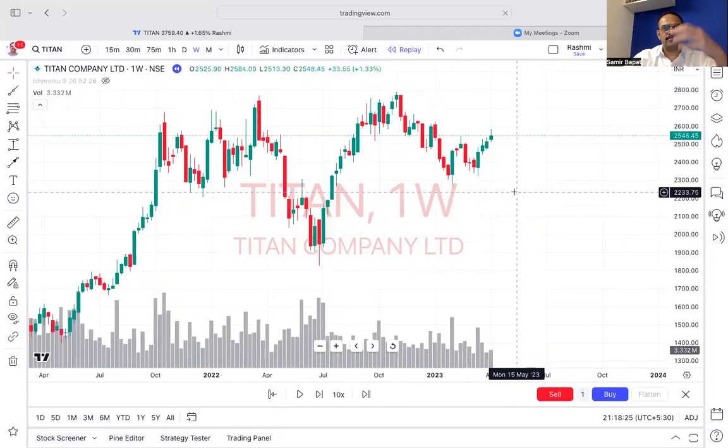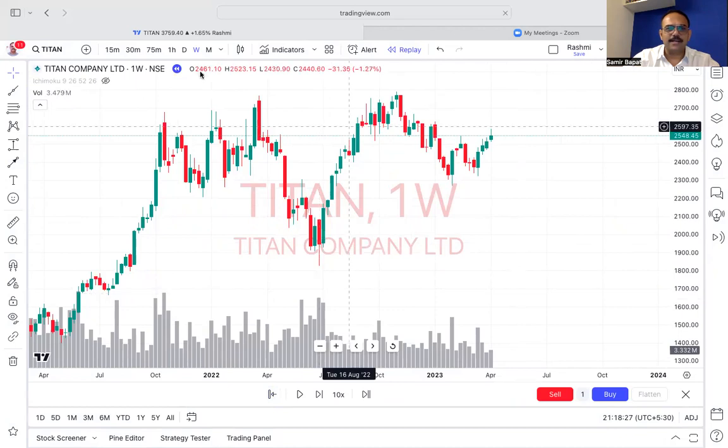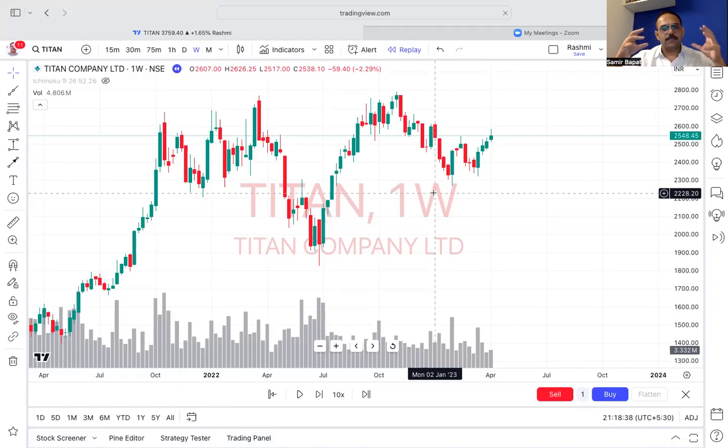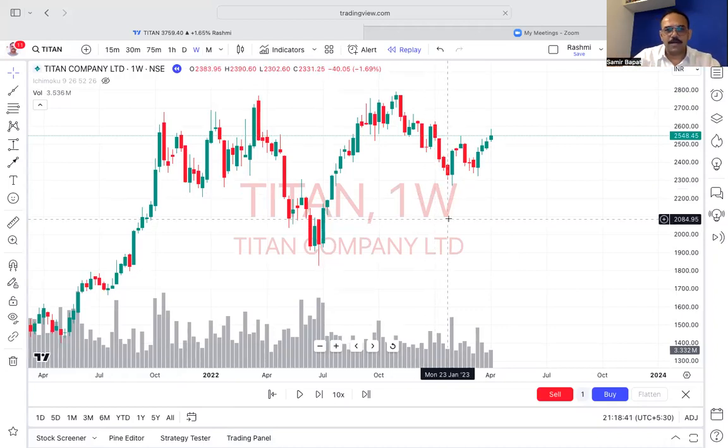Here, this is a weekly chart. It doesn't matter whether it is a weekly chart or a daily chart. The triangles will be forming on daily and weekly, so it doesn't matter whether it is weekly, daily or monthly. The principle remains the same in all the markets.